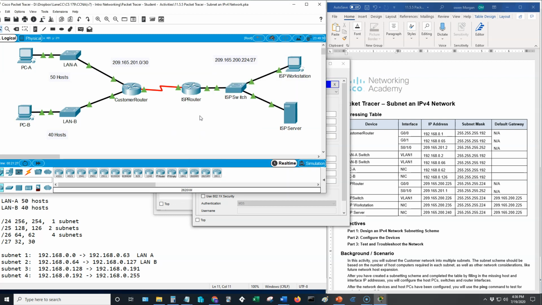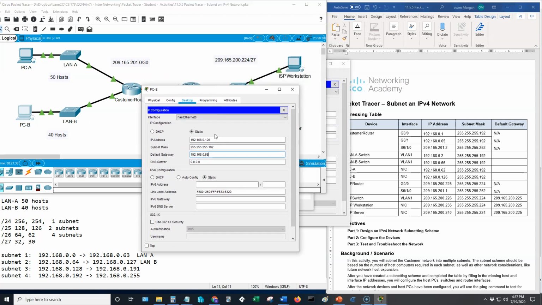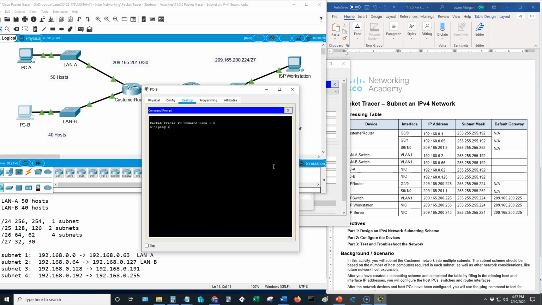Okay, so if we've done everything right here, we should now be able to ping the appropriate devices. So let's go to PCB and let's try to ping across to PCA. So let me close the configuration. So we'll do a ping 192.168.0.62. Let's see what we get. And there we go, just as we expected.